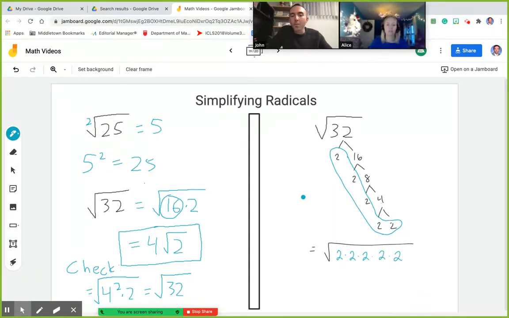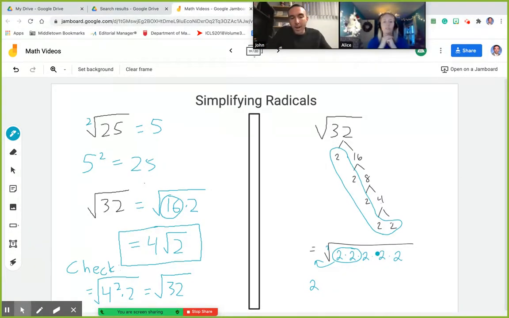The idea with simplifying radicals using prime factorization is that whatever the index is, like Alice pointed out, this index is really a 2 because we're doing a square root. For every 2 2's, or whatever the factor is inside, we take out one of them because we're square rooting it. Like 2 times 2 is really a 4. And by taking it out, we're square rooting it to be a 2.